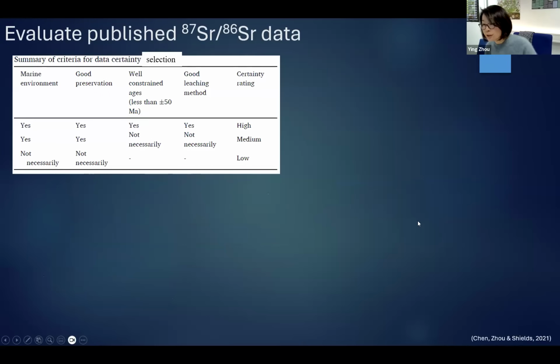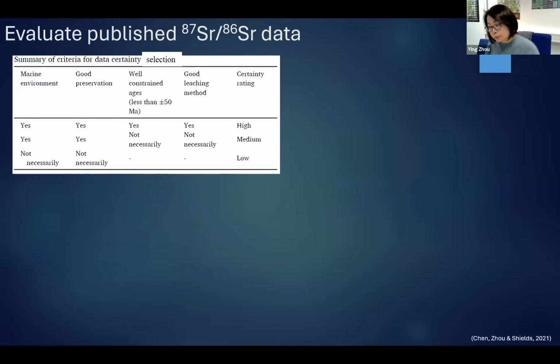So with this, let's look at the published data. This is our previous student Helen Chen-Xi's work. The aim of her PhD was to update the Precambrian seawater strontium isotope curve.